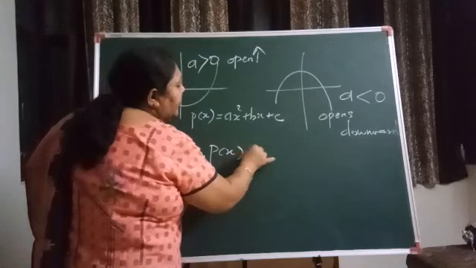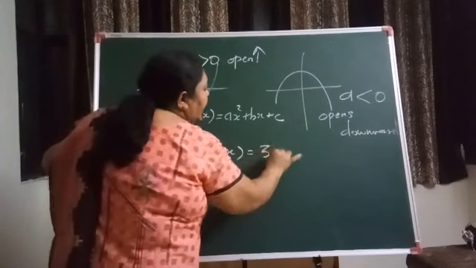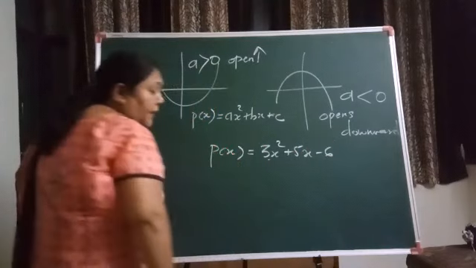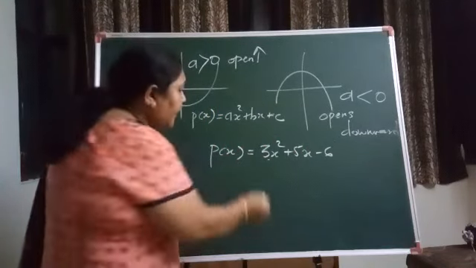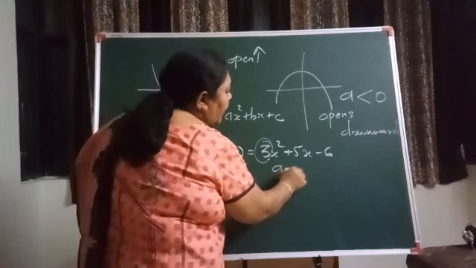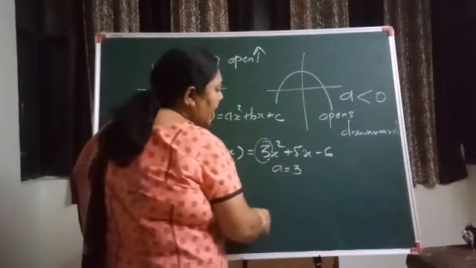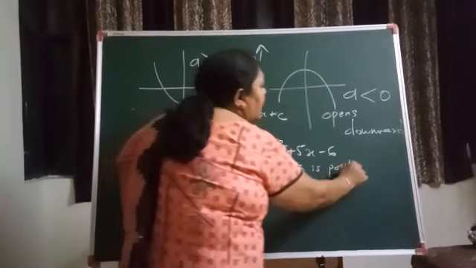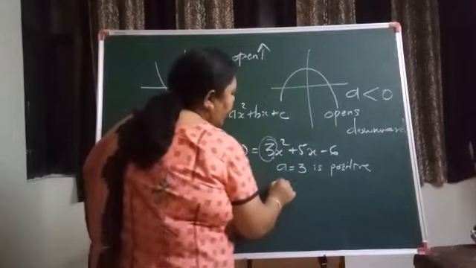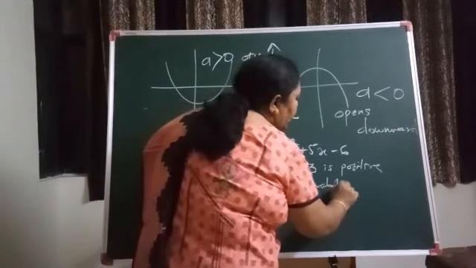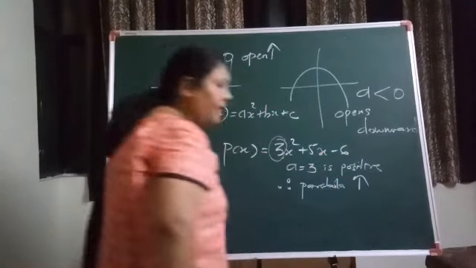Now I will give you some examples. Suppose p of x is equal to 3x square plus 5x minus 6. If this is the parabola, then what is the value of a? Your a is equal to 3 and it is positive, therefore the parabola is upward opening.